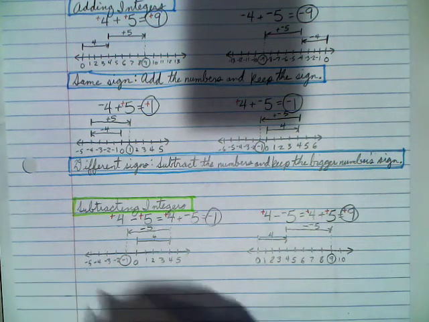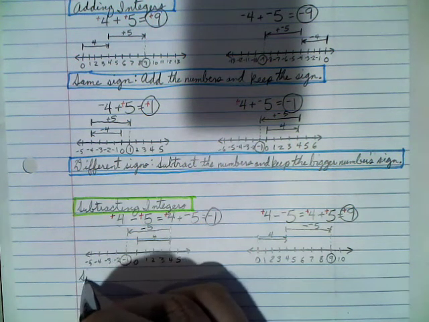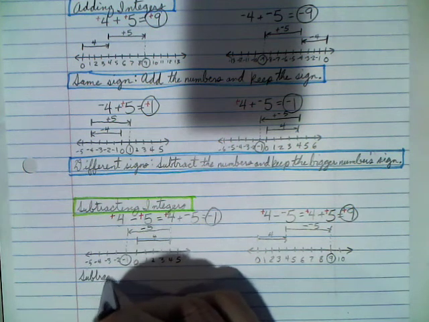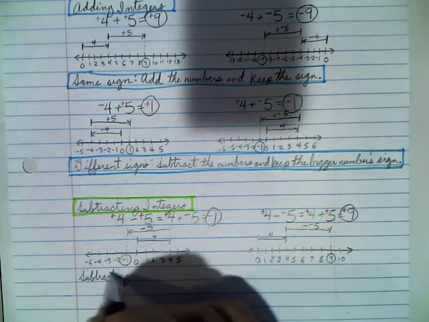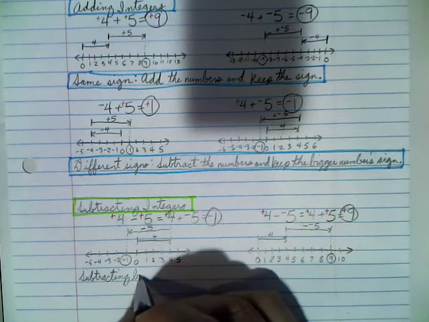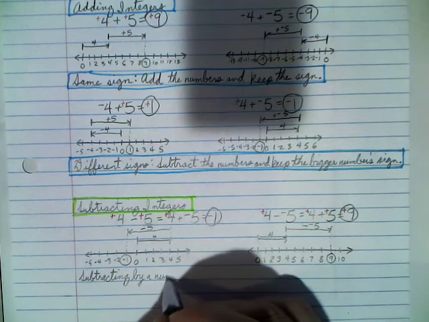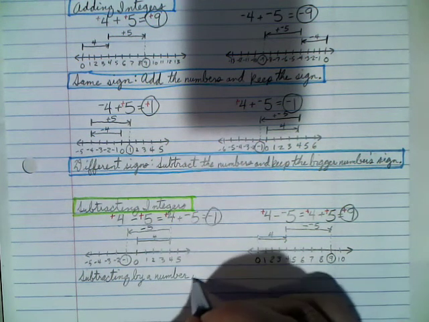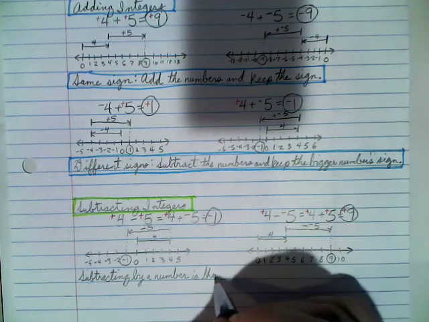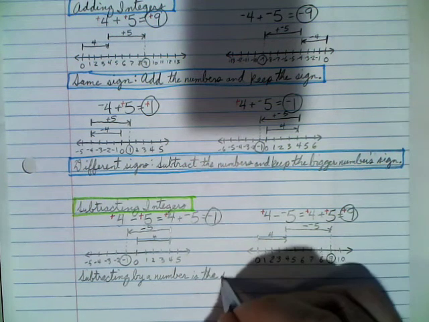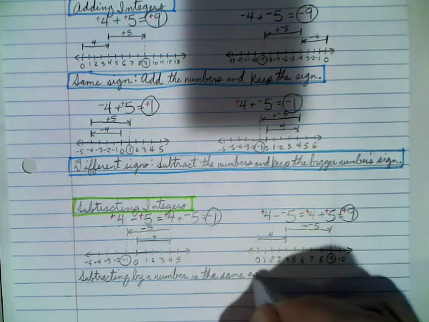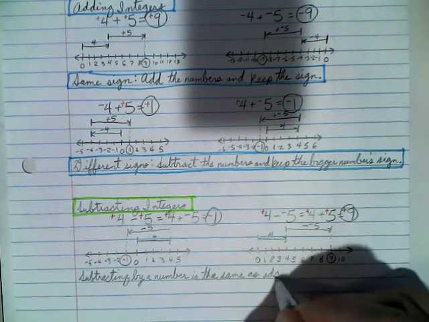So if we put this together, we've just discovered that subtracting by a number is the same as adding its opposite.